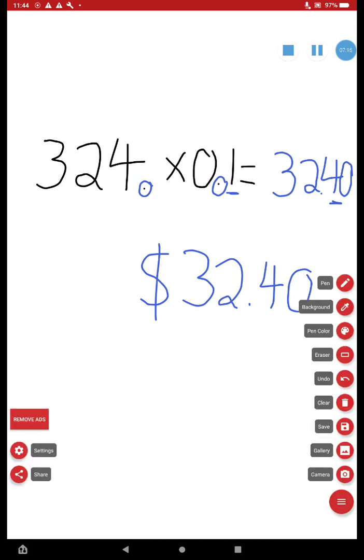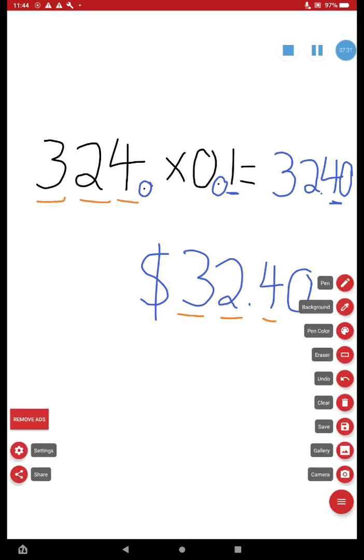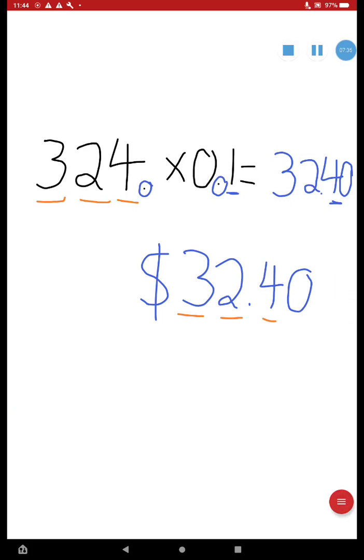Here's why we call it the shift pattern. Because did my digits change? Let's look. 3, 2, 4. Let's look at our answer. 3, 2, 4. Hey, the digits are the same. So what's the only thing that changed? The only thing that changed is where the decimal point was. Here it was.